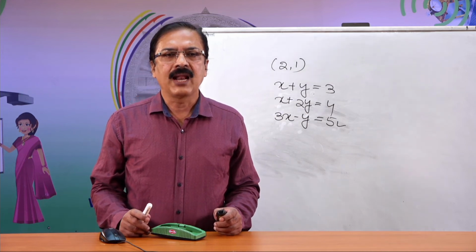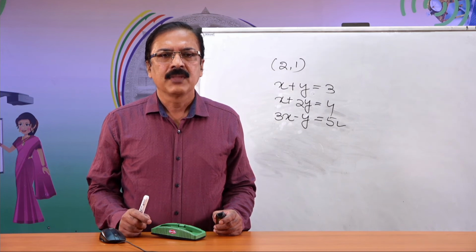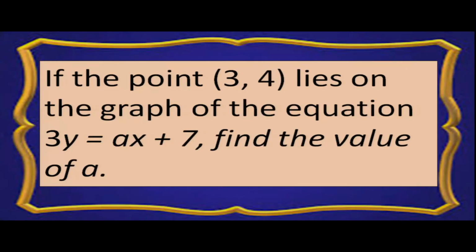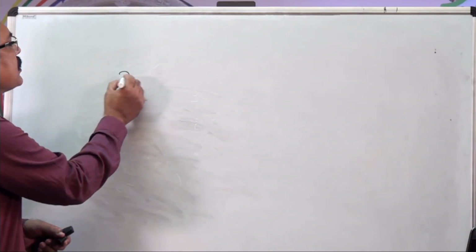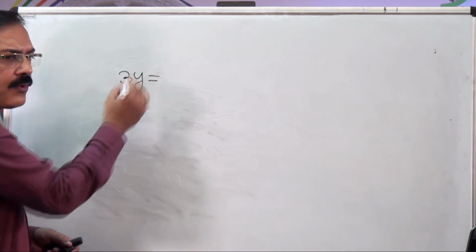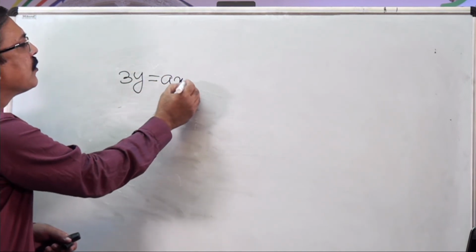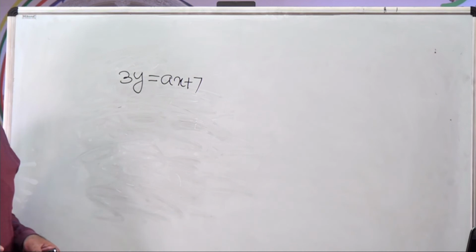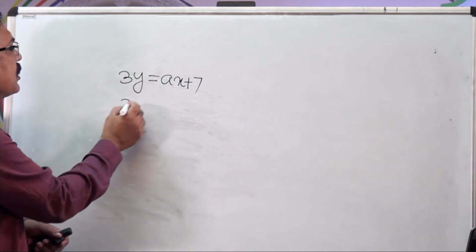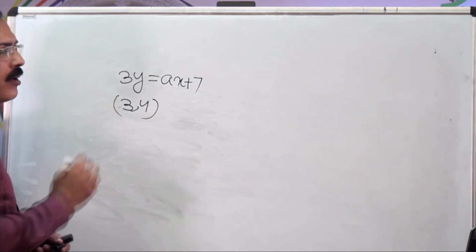Now let's see another example. If the point (3, 4) lies on the graph of the equation 3y is equal to ax plus 7, find the value of a. The equation is 3y is equal to ax plus 7. The solution is (3, 4).